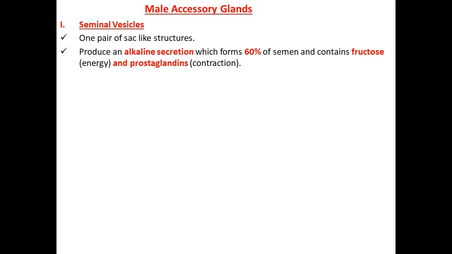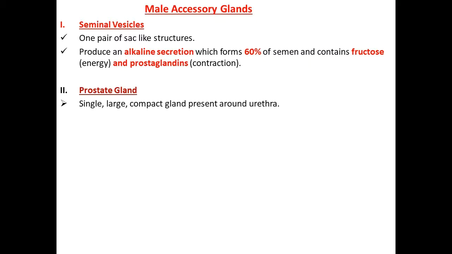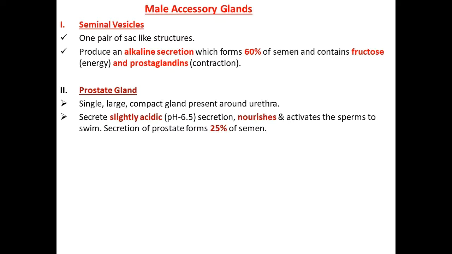Clear? In addition to this, it also contains prostaglandins. Second is the prostate gland, which is single and compact around the urethra. Its secretion is slightly acidic and it nourishes and activates the sperm.